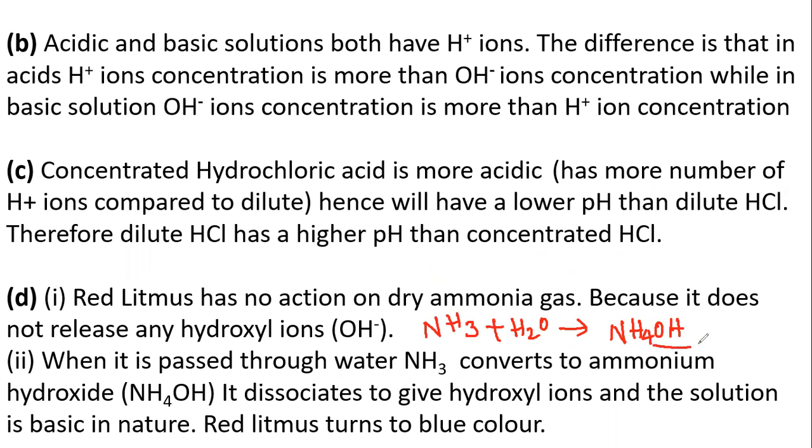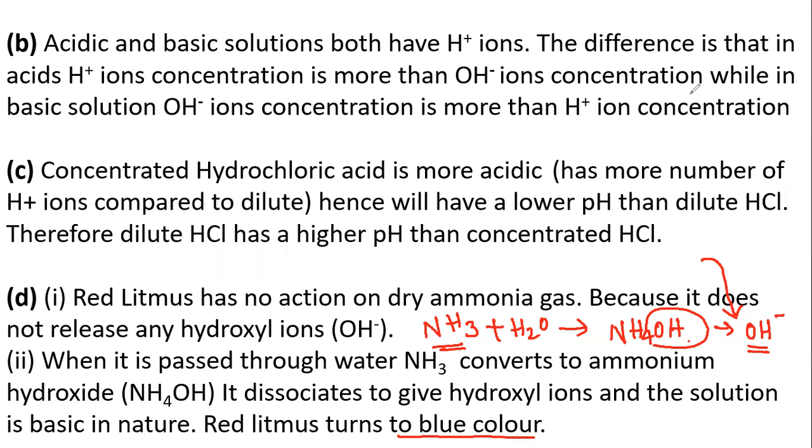In this ammonium hydroxide, OH minus ions are there. So it is basic in nature. Understood? So when you put red litmus in a solution of ammonia, red litmus turns blue because OH minus ions are there.